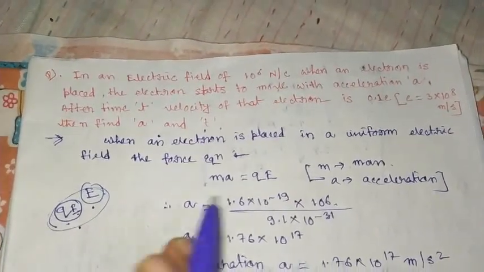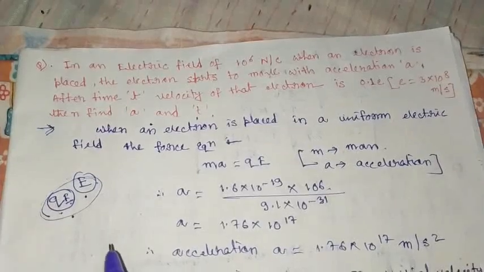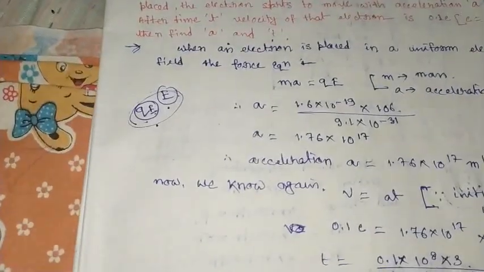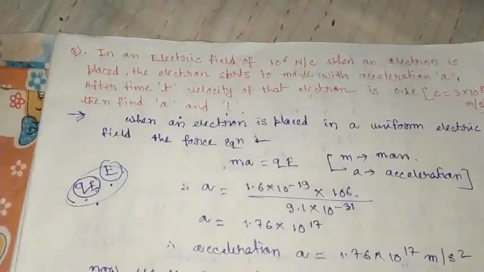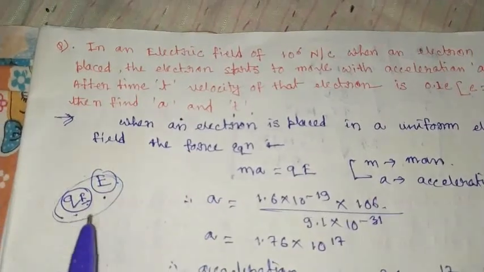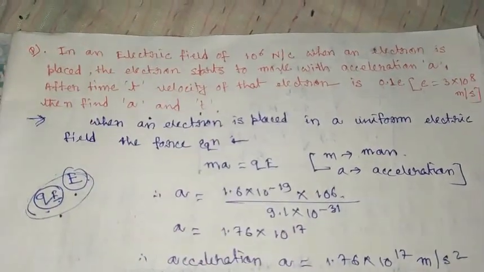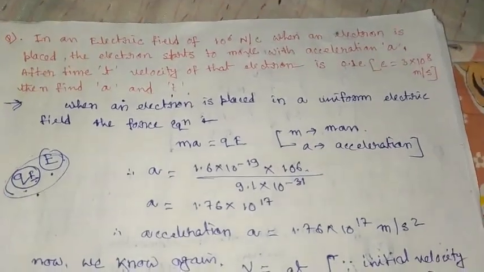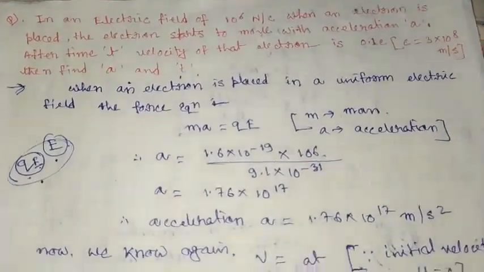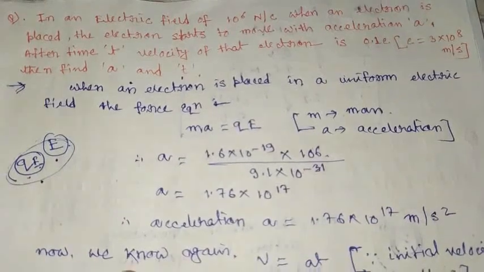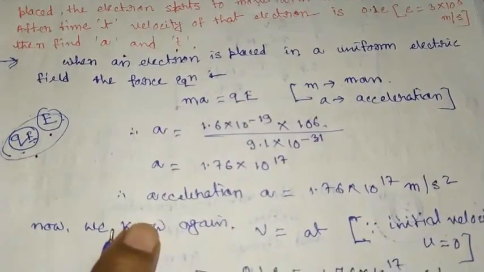So for the proton or electron case, we can say that the electron moves in the opposite direction of the electric field.